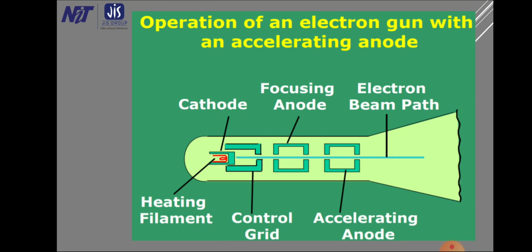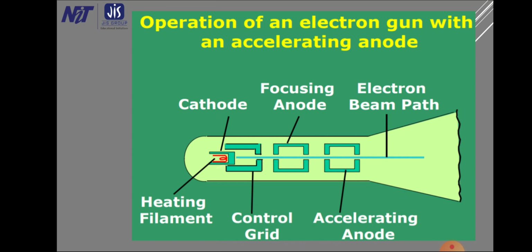The accelerating anode is necessary because we want the electrons to strike the screen and emit light. So the acceleration of the beam is also provided by the accelerating anode with positive voltage. It allows the electrons to accelerate.